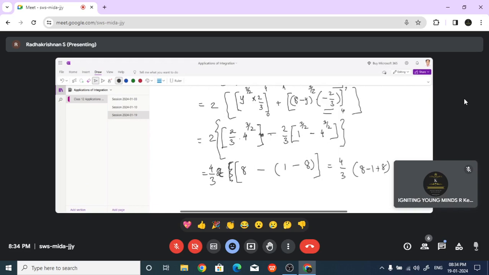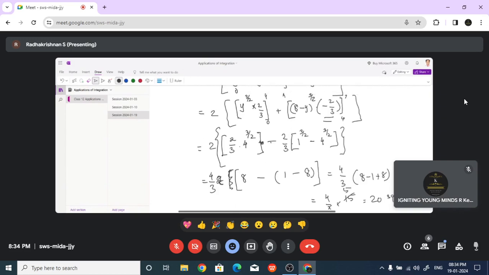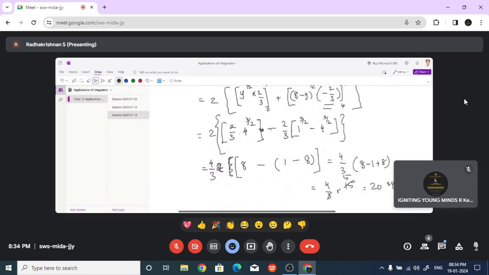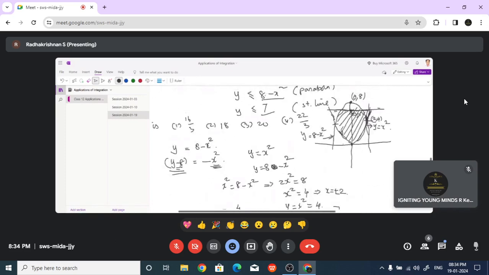So that will be 4 by 3 into 8 minus 1 plus 8, 15. So this is the area. This problem option is there, right? Option 20 square units is given. That's option 3.